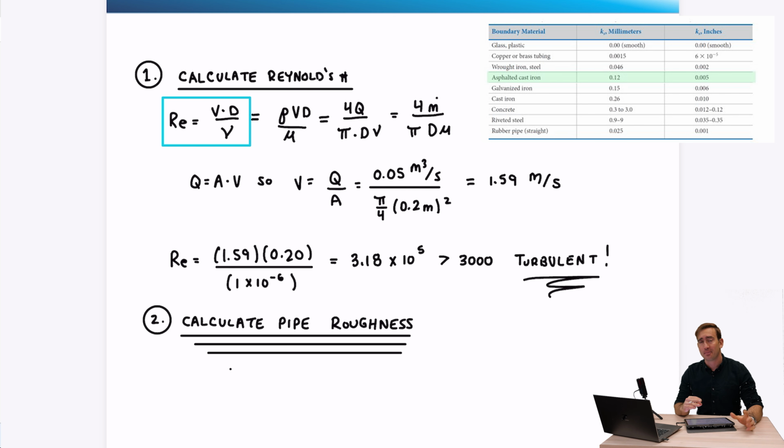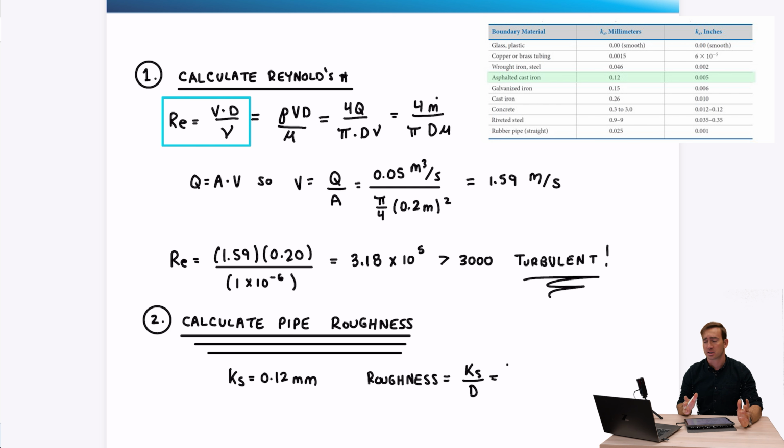For the particular pipe, if we look at our table for that material, asphalted cast iron, we can see that Ks, or the relative sand-grain roughness, is equal to 0.12 millimeters. To calculate the roughness coefficient, we use this Ks over D. To calculate that, we have 0.12 millimeters divided by the diameter of the pipe, 0.2 meters.